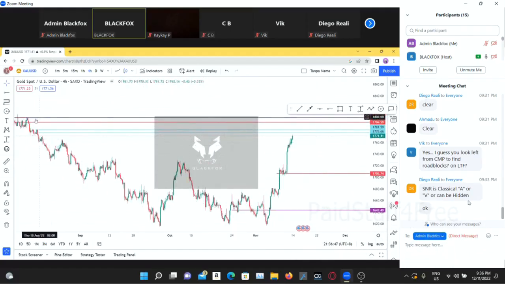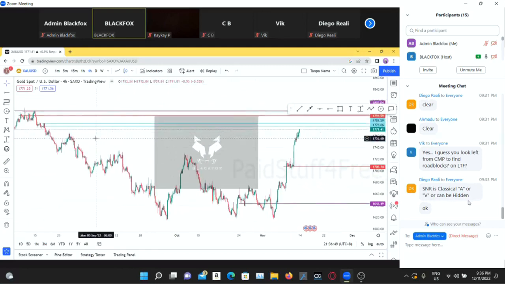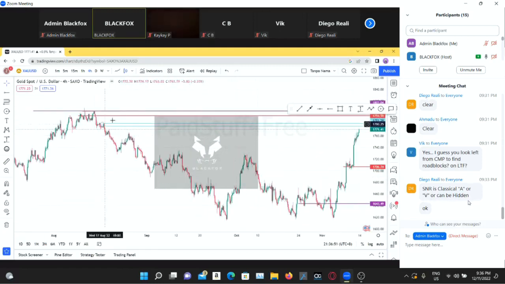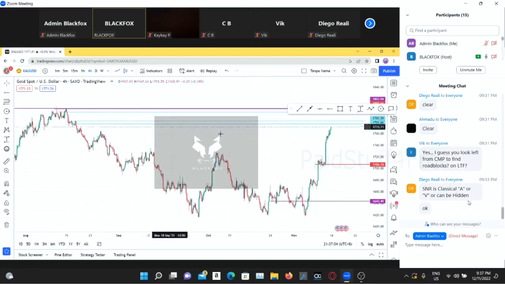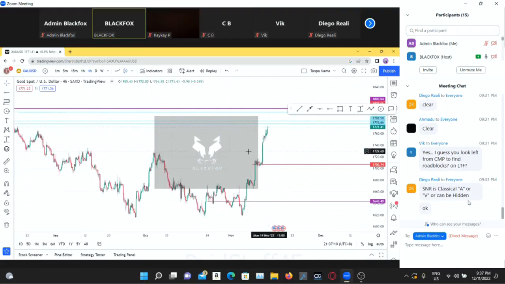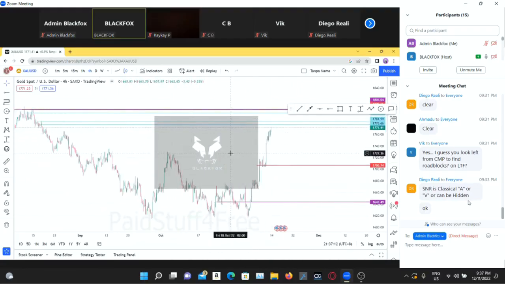So we just use this resistance. And for daily, if we use daily right here, and this one has H4 QM, so this one we delete. So if this level fails, we have 1 and 2, two levels of SNR that we can use.